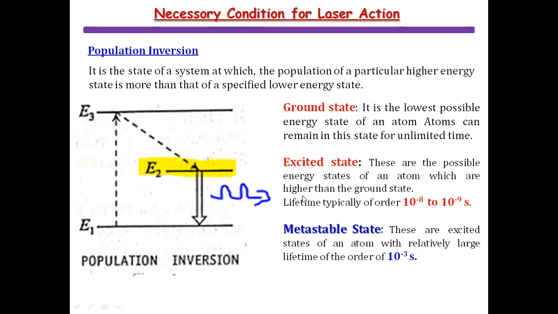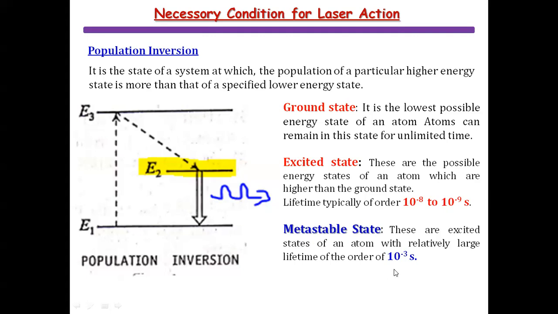Now you can ask, this is also not so big, right? We cannot even feel a millisecond. What is the use of having this E2 here? Just compare this metastable state with the lifetime of the excited state. The excited state will be there for 10⁻⁹ seconds, whereas the metastable state will be there for 10⁻³ seconds.